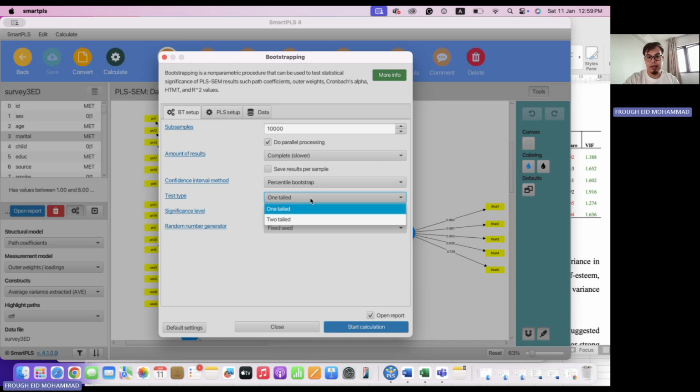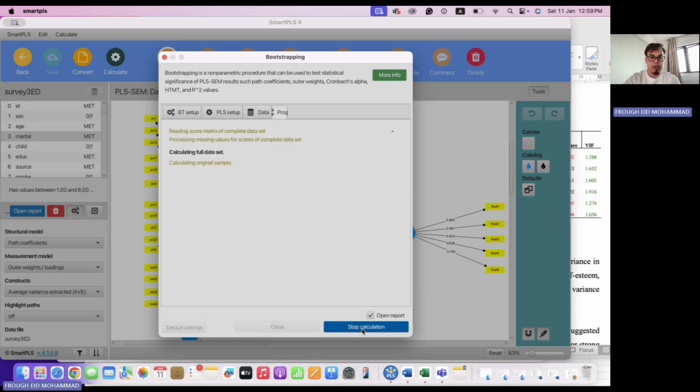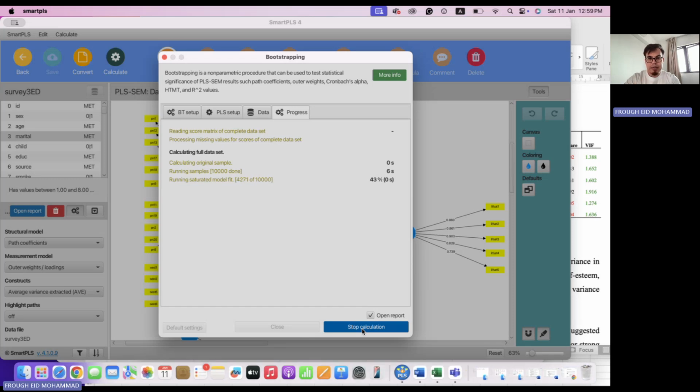I need the one-tailed test, and the sample size is 10,000. It is okay, and I start the calculation. I have chosen the slow option because the previous time I used the fast option, and some of the values were missed.